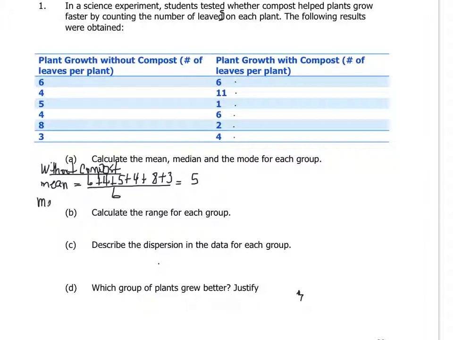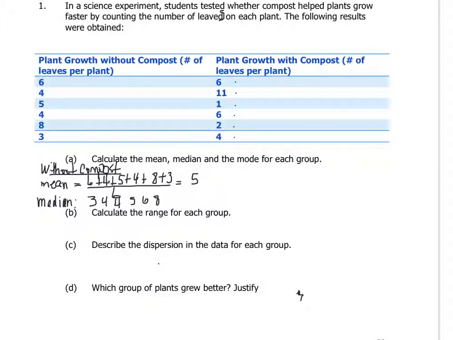And the median, we would have to put these data in order first. So there's a 3, and then 2 4s, and then a 5, and then a 6, and an 8.